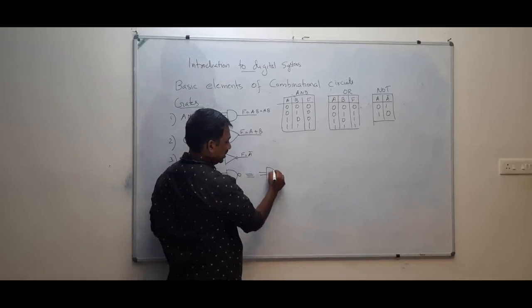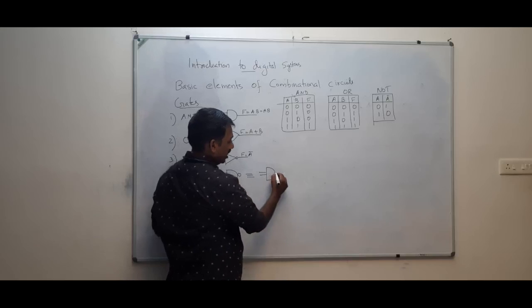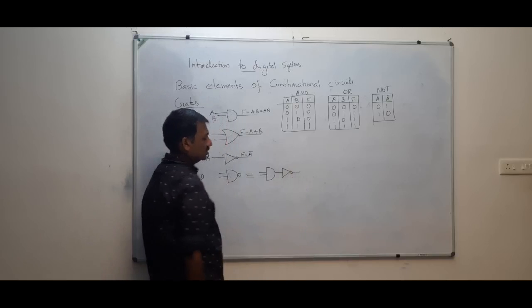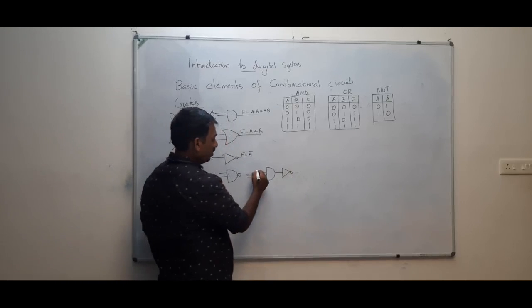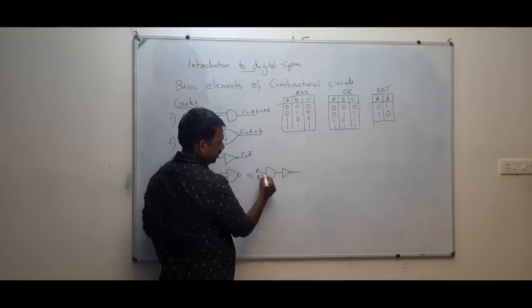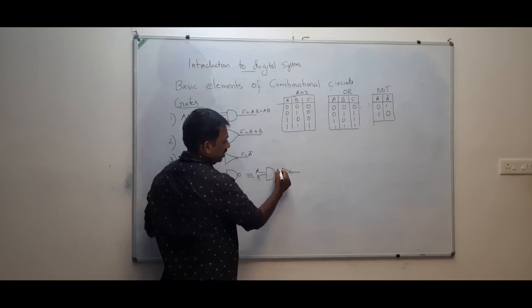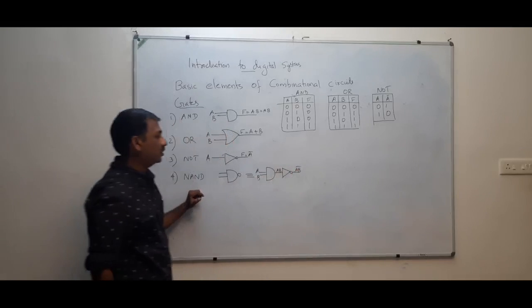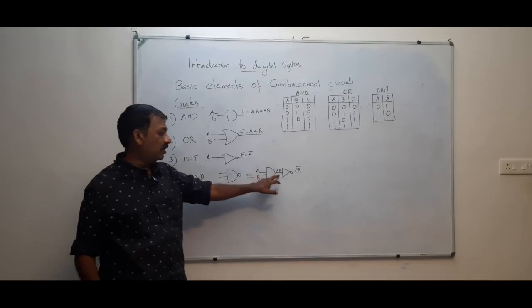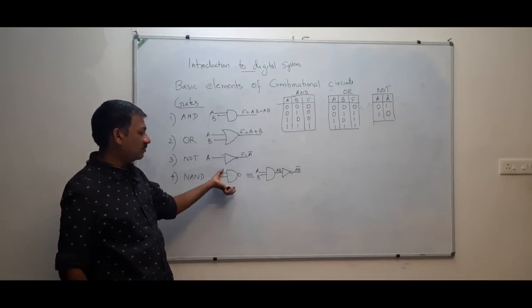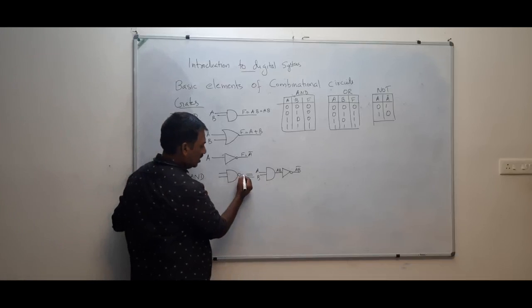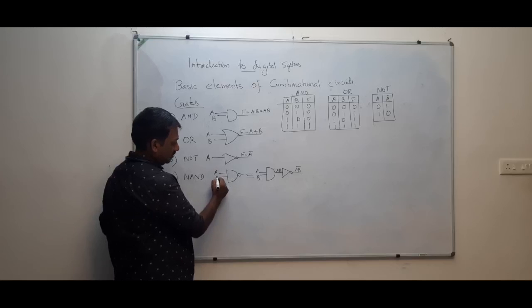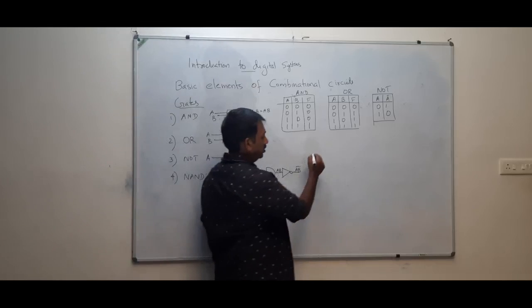That means this is an AND gate, and here you are going to have a NOT operation. Here you have A and B, here you get AB, and here you get AB bar.